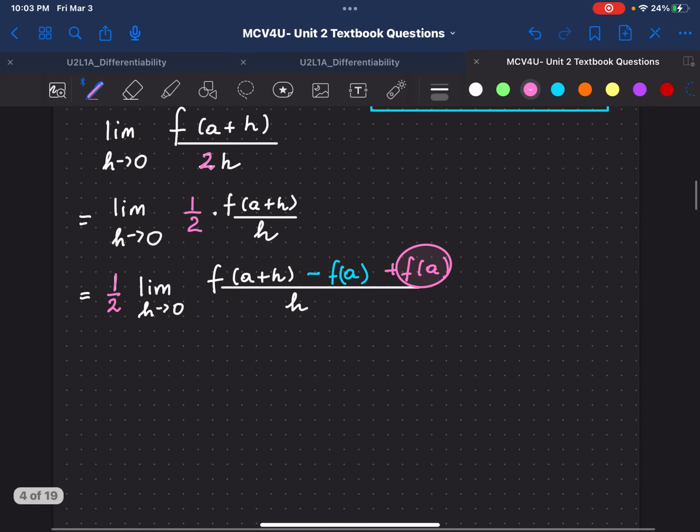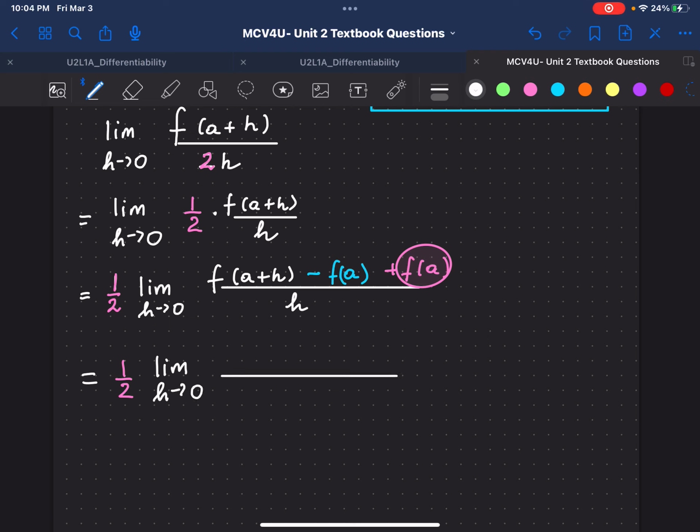So let's continue writing this one more time. We have 1 over 2, and now the limit as h approaches 0, big fraction line, we have f of a plus h minus f of a divided by h. Now, we know that this is 0 and this is 0, but we are going to substitute this by 0 because then it will simplify the expression.